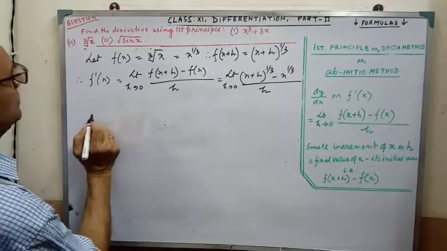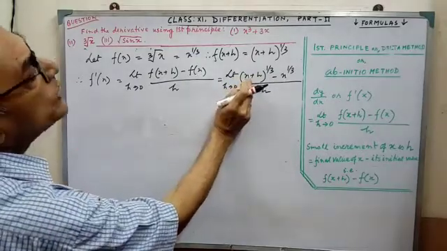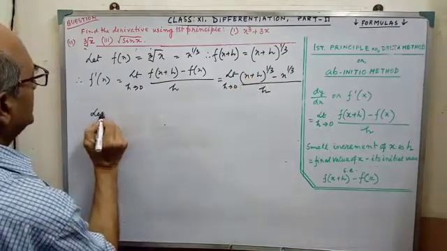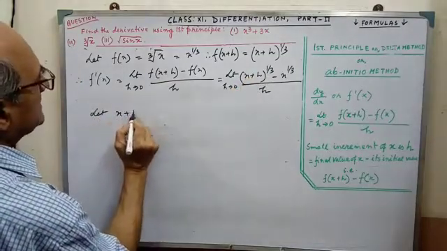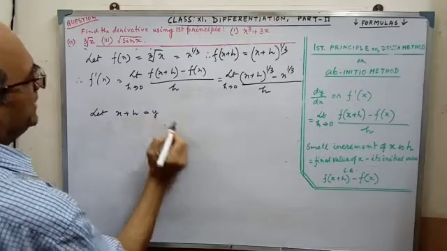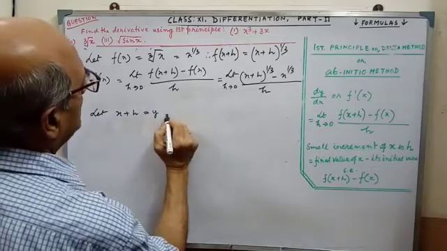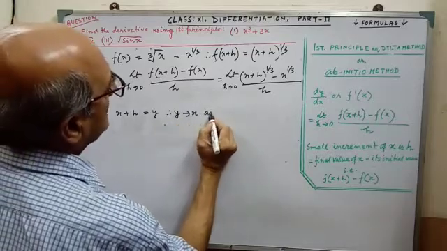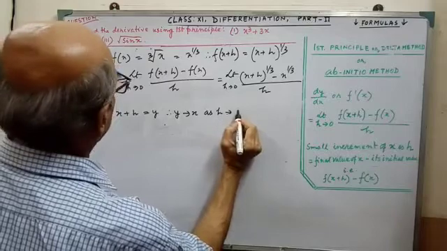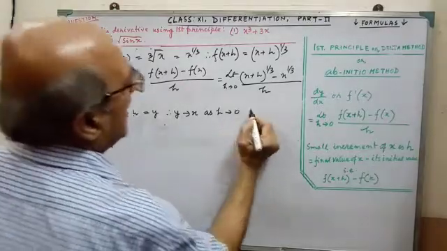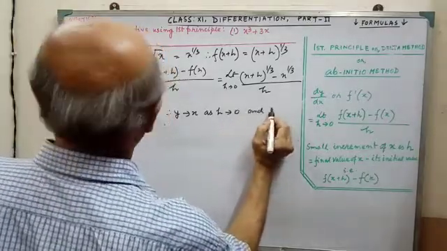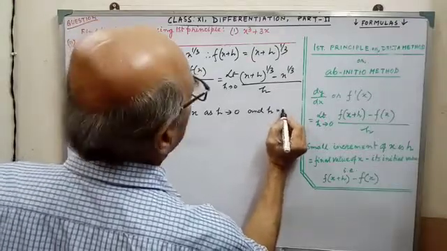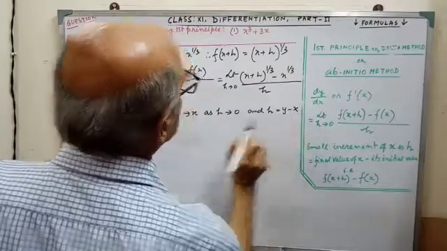Now we have to convert into the frame of the formula. For this, let x plus h equal to y. Therefore, y tends to x as h tends to 0, and h equals y minus x.